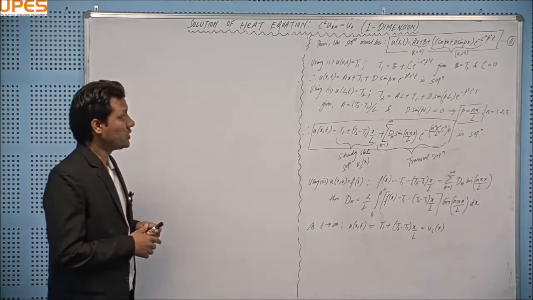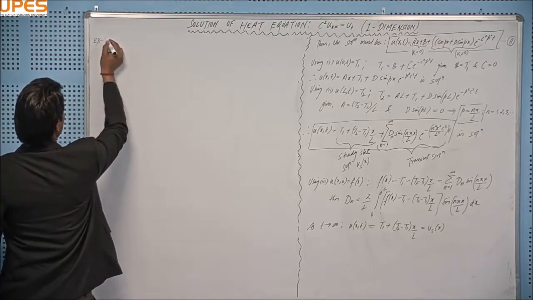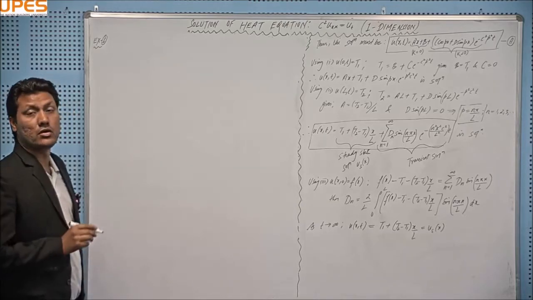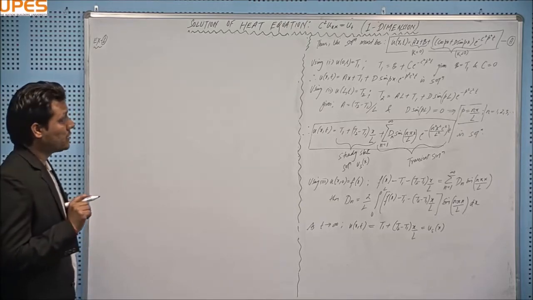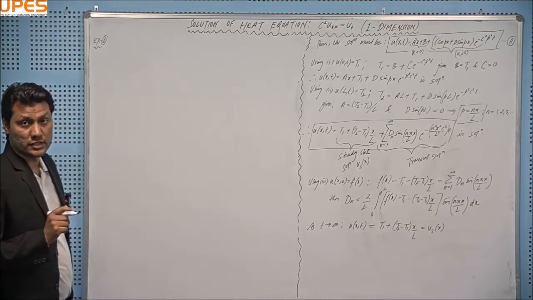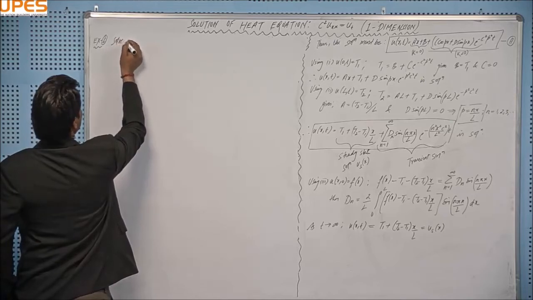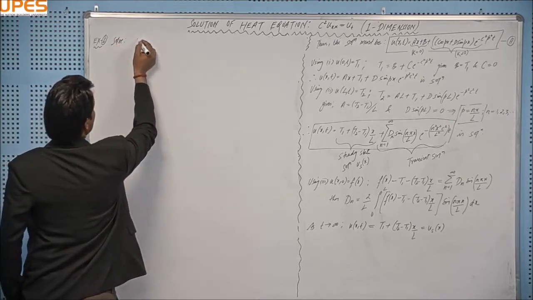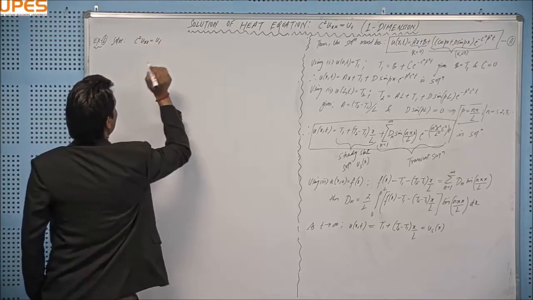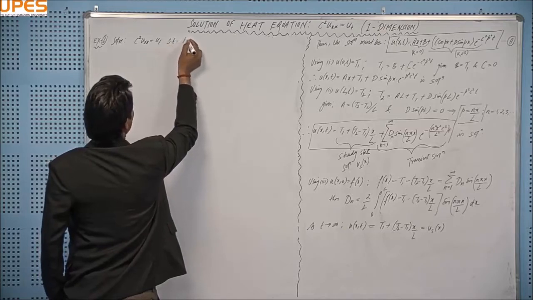Right. Now example number 1. We have a thin rod of length capital L with its left end insulated, right? Solve the equation c square uxx equal to ut, with the left end subject to the first condition.